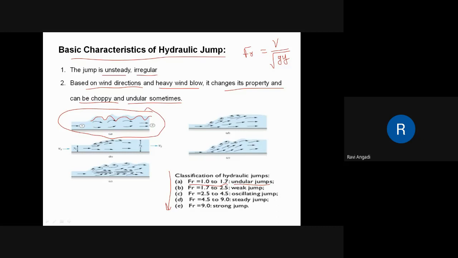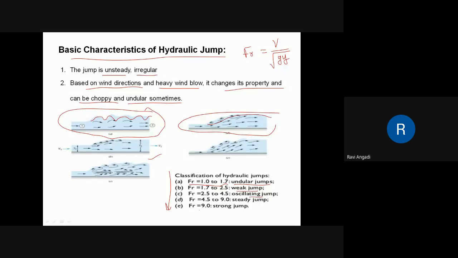If it is lying between 1.7 to 2.5, it gives you the weak jump. That is B. This is a very weak jump. If it is lying between 2.5 to 4.5, oscillating jump, like this, it is oscillating. Okay. If it is 4.5 to 9, steady jump, like this, steady jump, only one jump, steady. Okay.